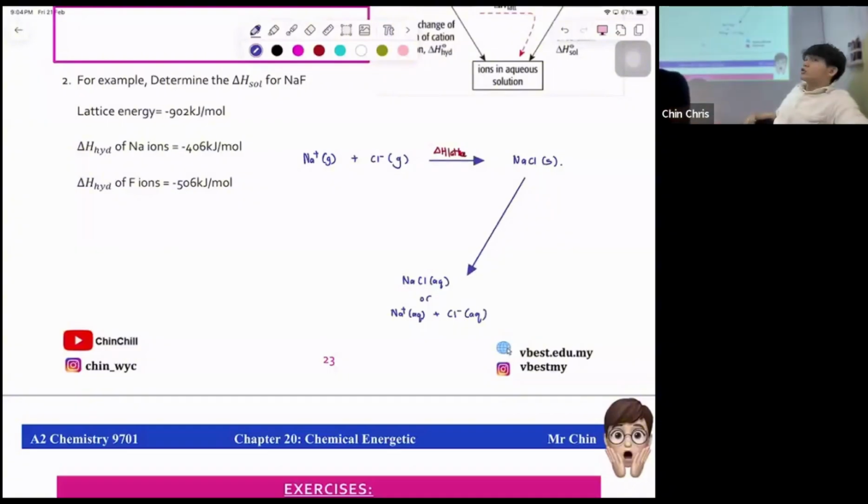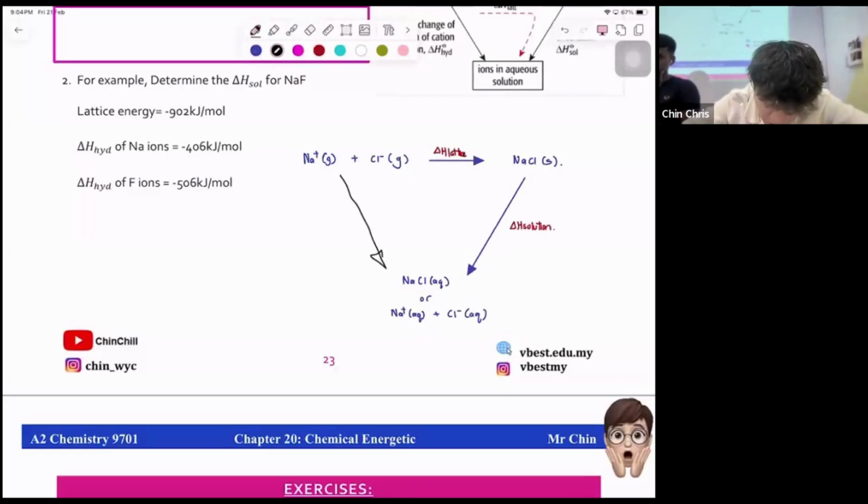From solid turning into aqueous is dissolving, so we call it delta H solution. Understand? What about from gas turning into aqueous? We call that hydration. Understand?